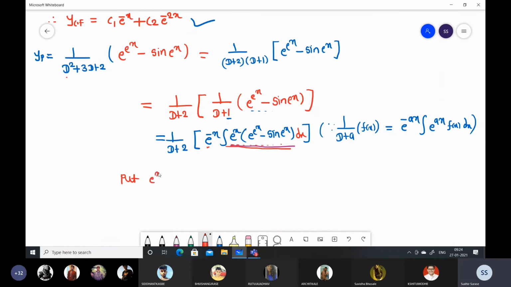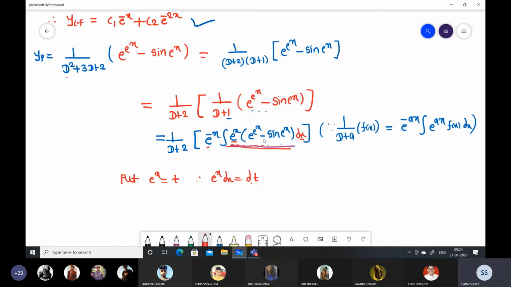So put e to the power x is equal to t. Therefore e to the power x into dx will be dt, right? So we can replace e to the power x dx by dt, and inside the bracket we can put e to the power x as t.